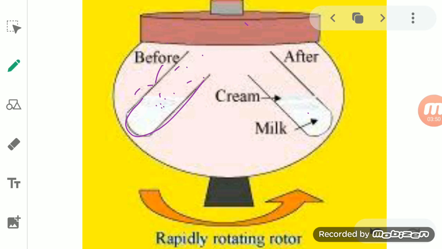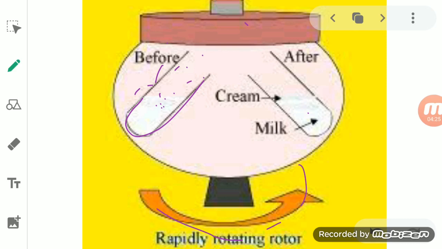When the test tube is rotated rapidly for some time, a force starts acting on the heavier suspended particles and brings them down to the bottom of the test tube, and the clear liquid, being lighter, remains on the top.